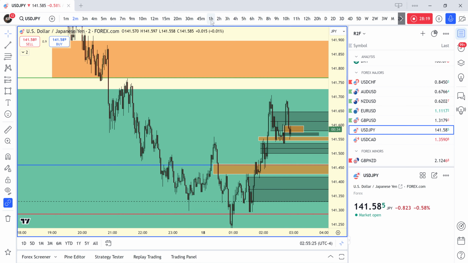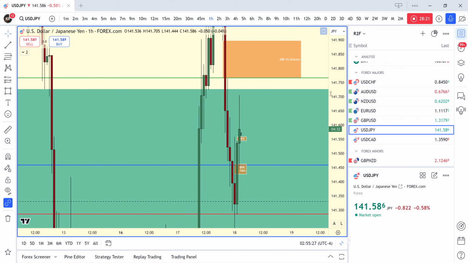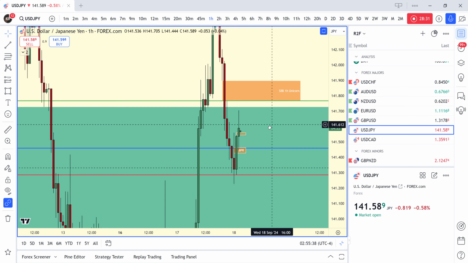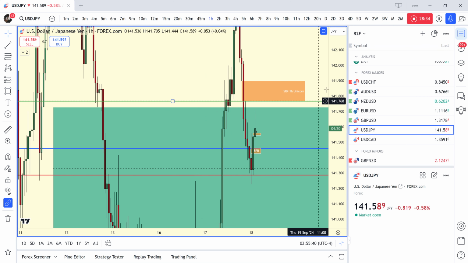This 1 hour gap is still of interest to me, I think. It came to the midpoint of this wick, and then retraced to the midpoint of here. So it's caught in between a little bit, but we'll see.